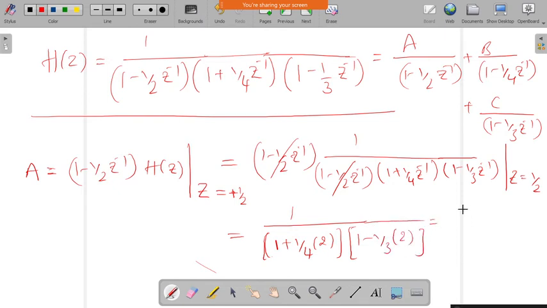So that is 1 over 1 plus half, which is 3 by 2, and 1 minus 2 by 3, that is 1 by 3. So this value will give 2. So the value of a is 2.